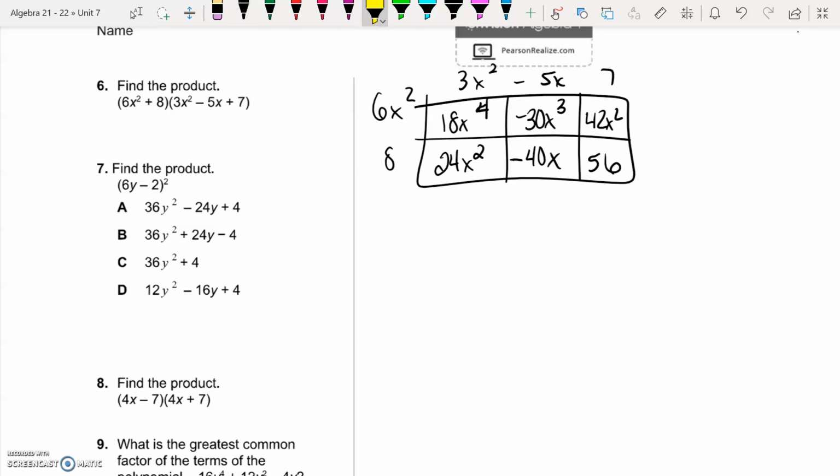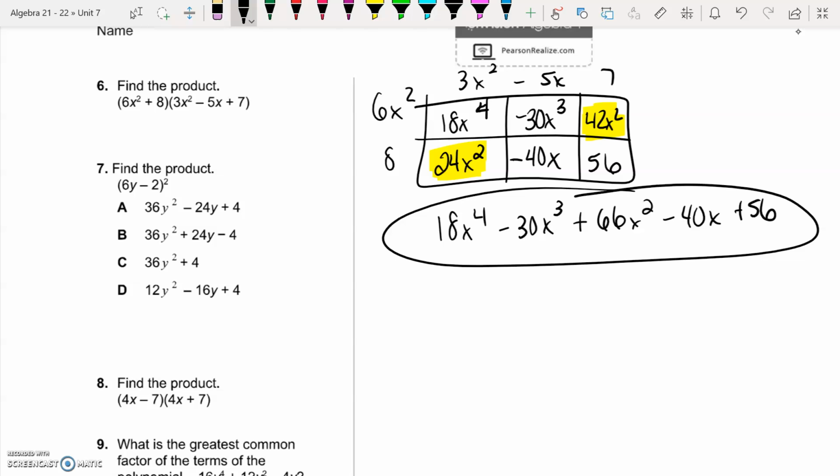So the only thing I'm going to really be able to combine would be this one and this term. So 42 plus 24, which would be 66. So I have 18x to the 4th minus 30x cubed plus 66x squared minus 40x plus 56. So then after you multiply, you add the stuff inside the box, and it just again turns into combining like terms.